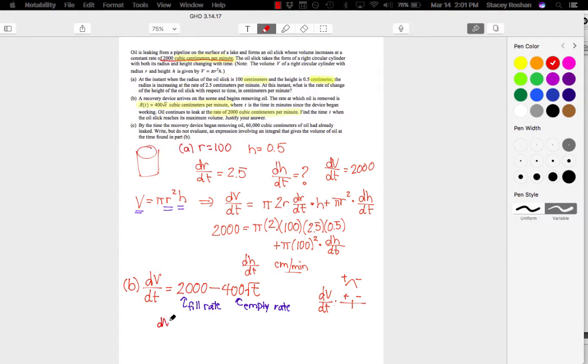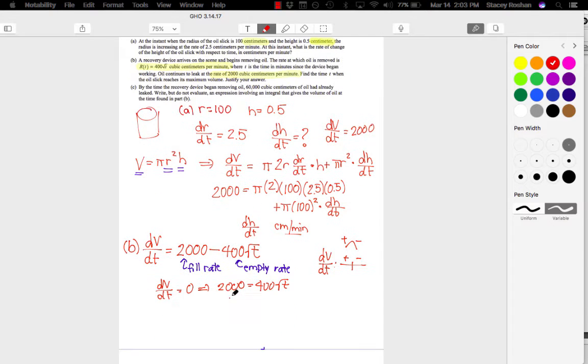So dV dt equals 0 when 2000 equals 400 root t. Divide both sides by 400. 5 equals root t. So t equals 25. So I guess I shouldn't have put the plus and minus on here until I verified, but let's just go ahead and do that now.